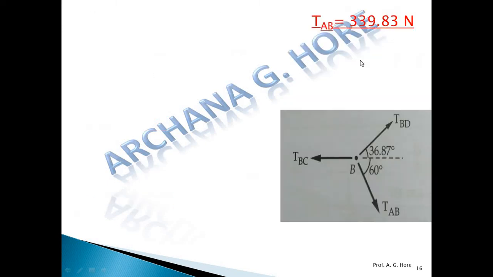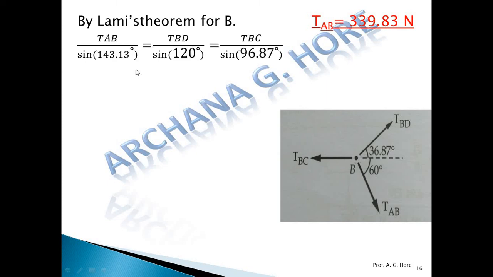Now we have the tension AB; put this value in the FBD of point B. We can calculate the remaining two by Lami's theorem. Apply Lami's theorem again for point B: find these angles and apply the theorem. The tension AB we have, so put this value here, then equate these, and we get the value first of BD and then BC.